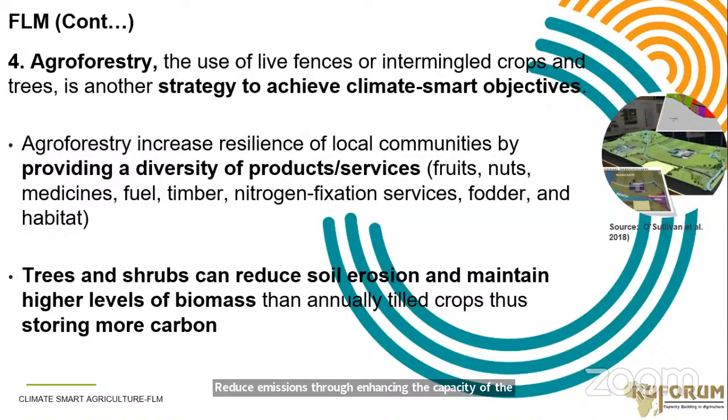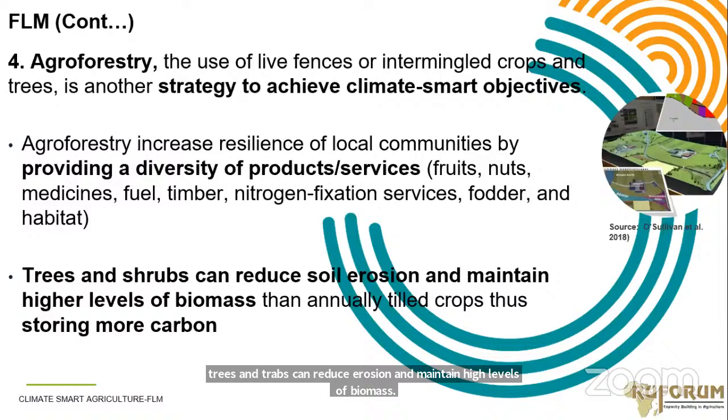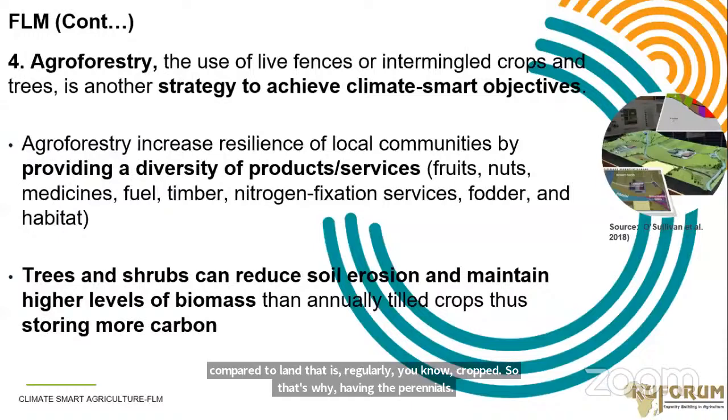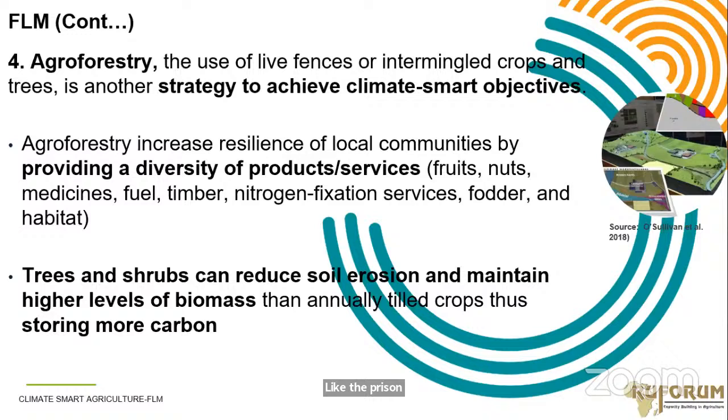Trees and shrubs can reduce soil erosion and maintain high levels of biomass as compared to land that is regularly cropped. That's why having perennials like trees and shrubs is very important in maintaining soil carbon storage.